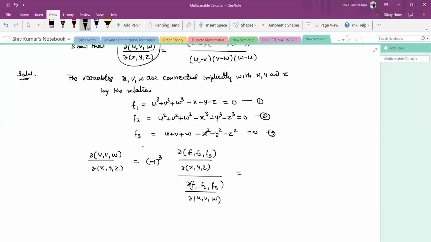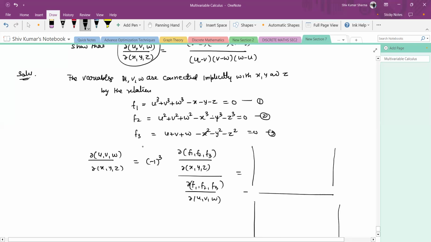We solve in a similar manner. Minus 1 raised to the power 3 gives us a negative sign, so we take the negative sign.